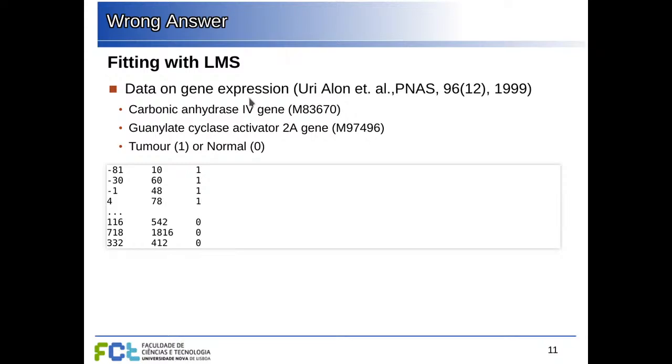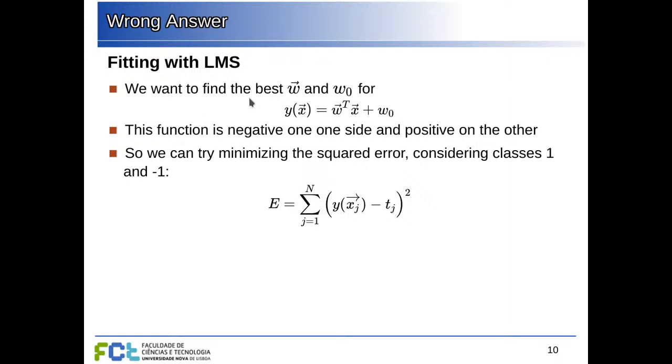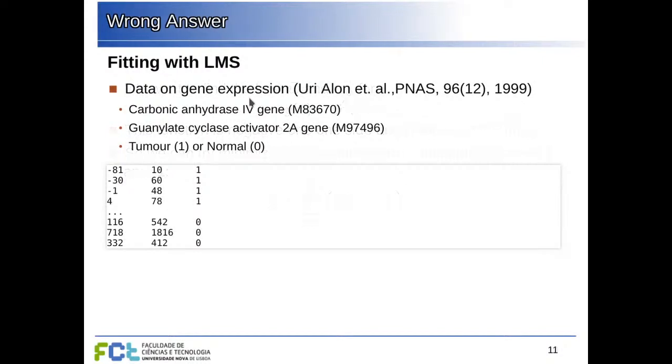Okay, one complicating factor here is that we are choosing our classes to be 1 and -1, because it's positive on one side of the discriminant and negative on the other, but actually the classes that we are reading from the file are 0 and 1.